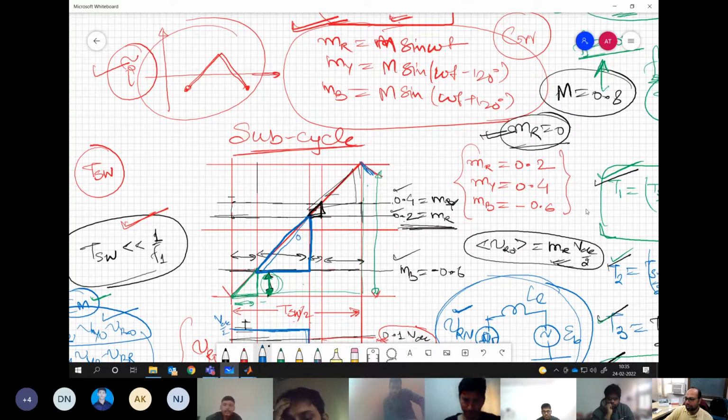But if we consider capital M value equal to 0.8 and let the carrier remain at 1, then, sir, we definitely get some negative pulse also. But if we consider the carrier amplitude to be 0.8, then we get the same kind of scenario that we discussed.